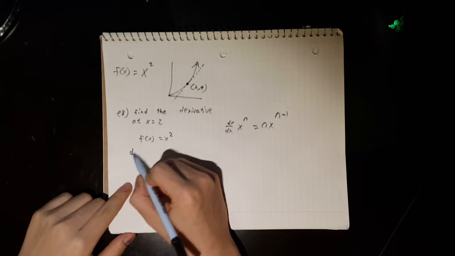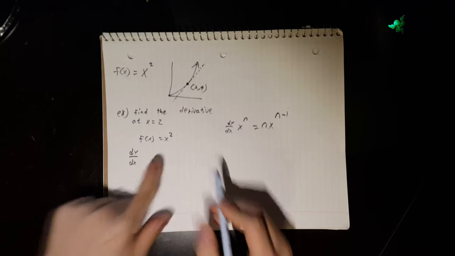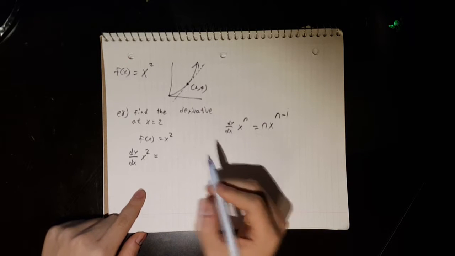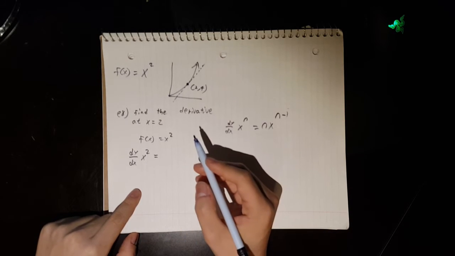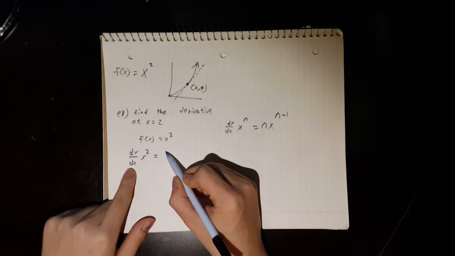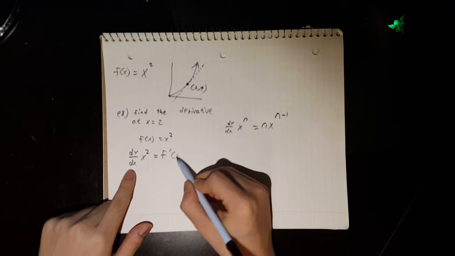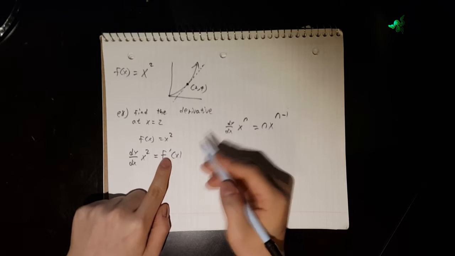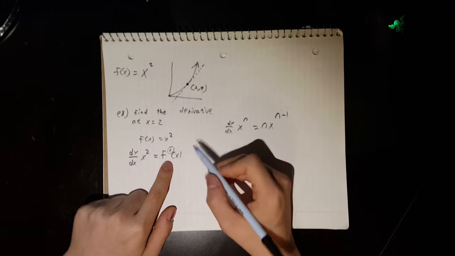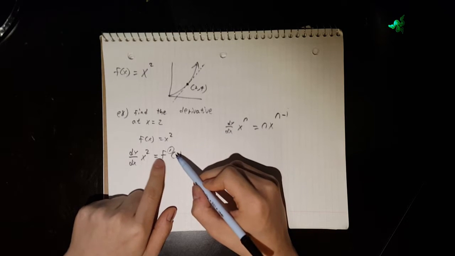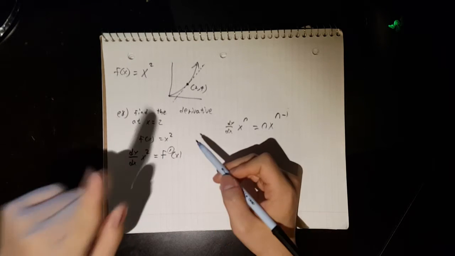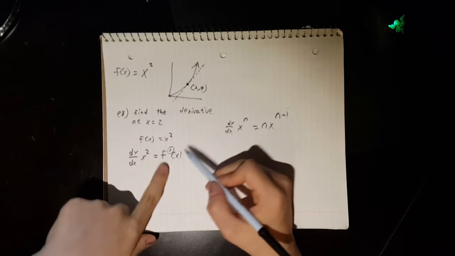So dy/dx of this function is, and you can also rewrite this as f prime of x. The apostrophe represents that it is the first derivative of f of x.